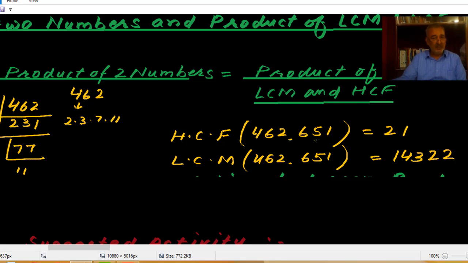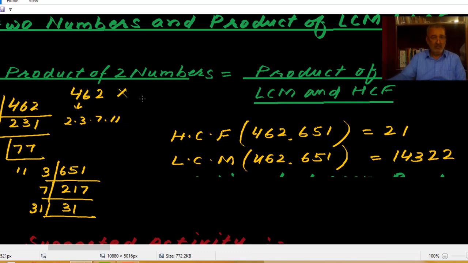And what was the prime factorization of 651? 651 3 से डिवाइड हुआ था, 7 से, and 31 से। Product of these two numbers, I am taking product of these two numbers, 651। 651 के फैक्टर्स मैं यहाँ लिख लेता हूँ separately. It was a product of 3, 7 and 31.